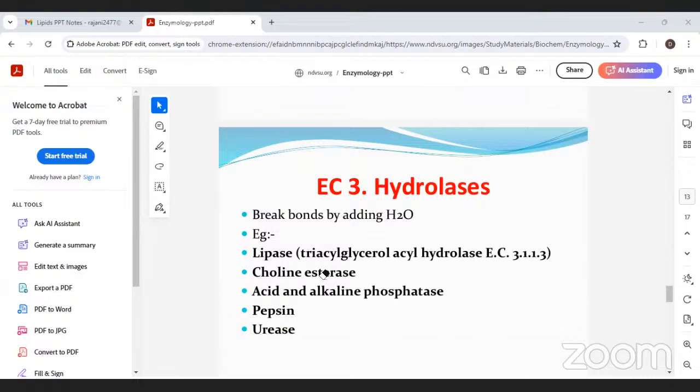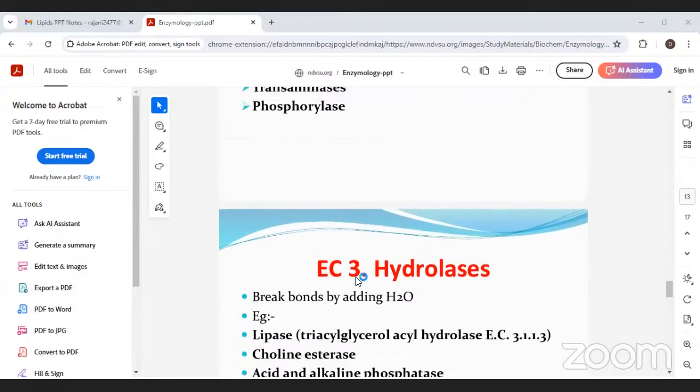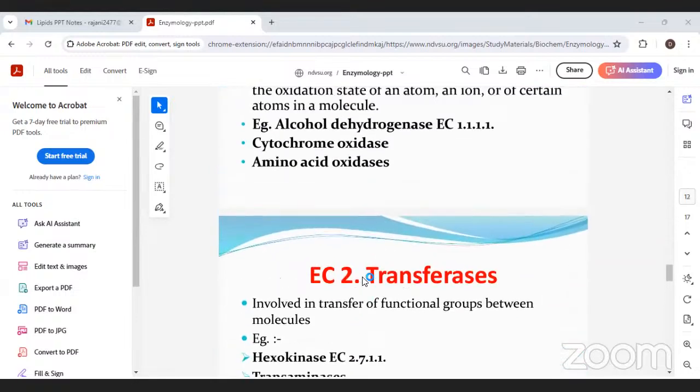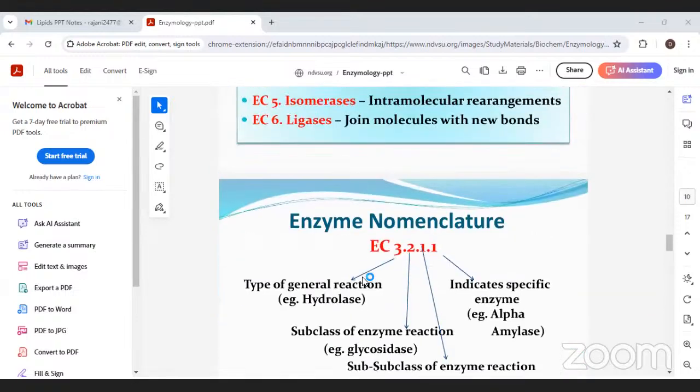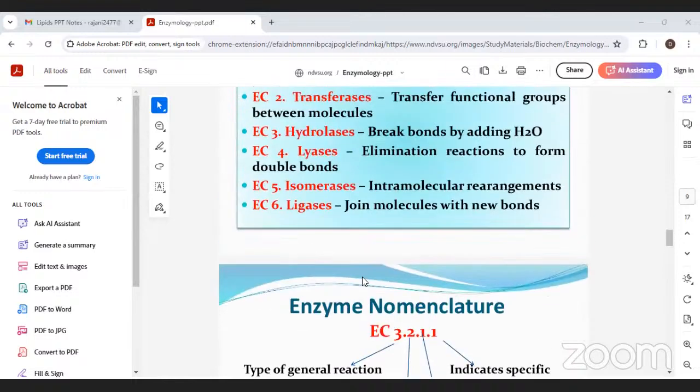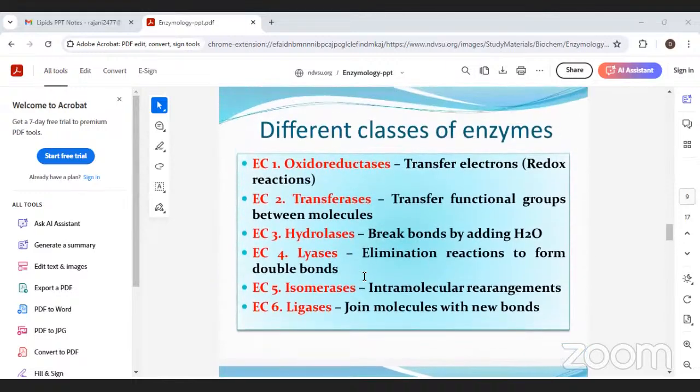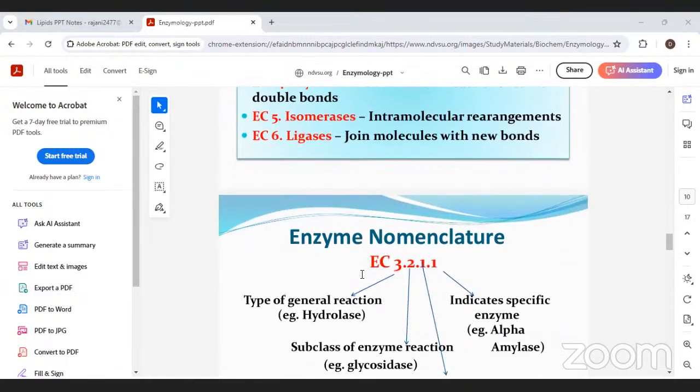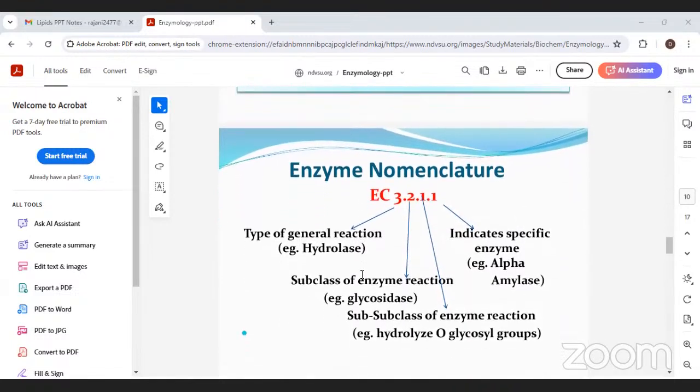Now we will discuss enzyme nomenclature, the IUB rules.